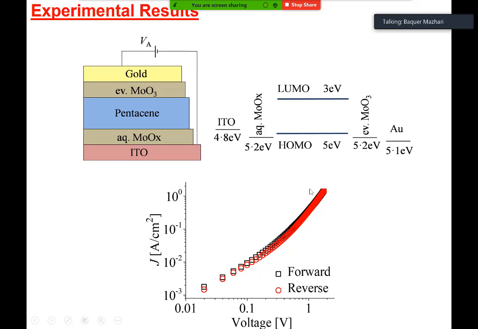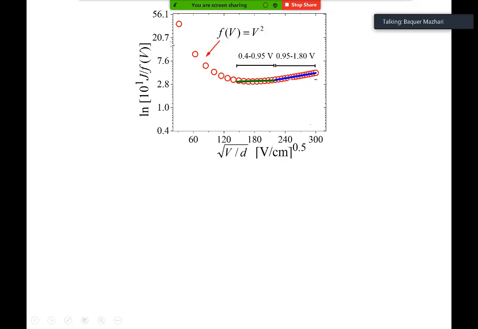We take this data, and when we subject it to the conventional analysis using the Murgatroyd method, note that we don't get a proper straight line, and so the extraction of mobility and its parameters becomes difficult.